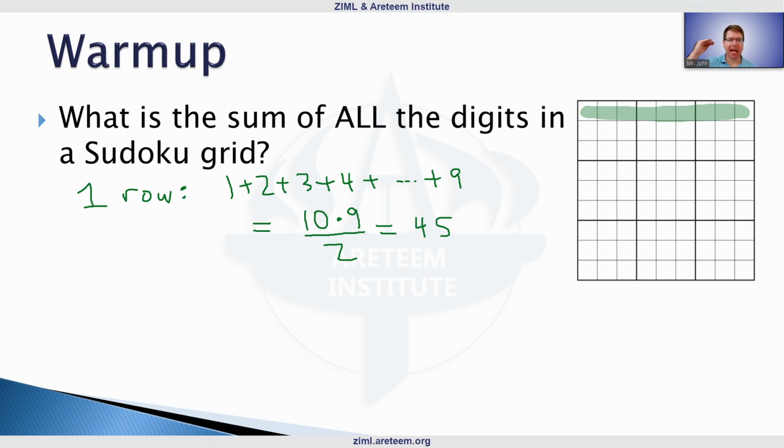Now, that is just one of the rows. But that works for any row, right? So when we say one row there, we're really saying that this is actually any row. For any row, they're going to sum to 45. Therefore, for all 9 rows, all we have to do is multiply this by 9.